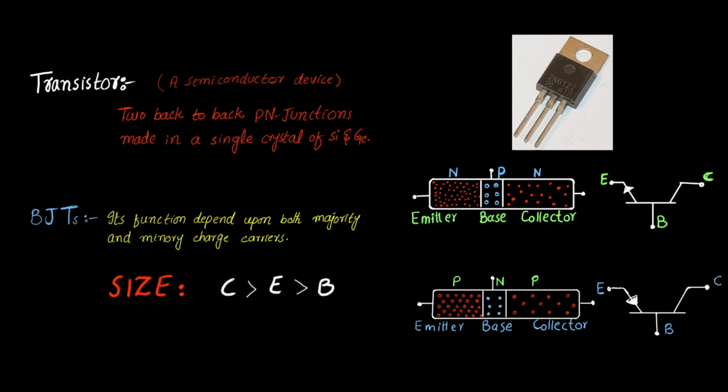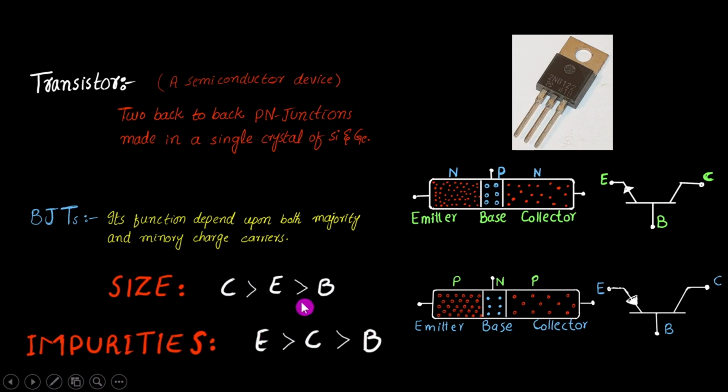Okay, if we see the portion inside this device with respect to impurities, this will be the pattern. The impurities in the emitter will be greater than in the collector.